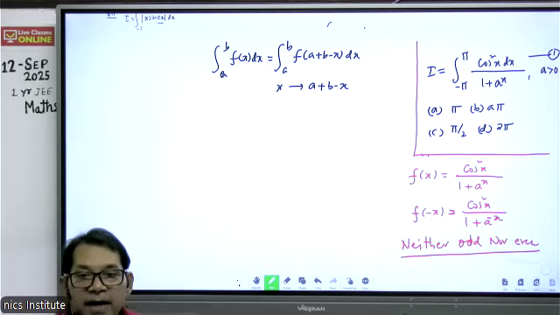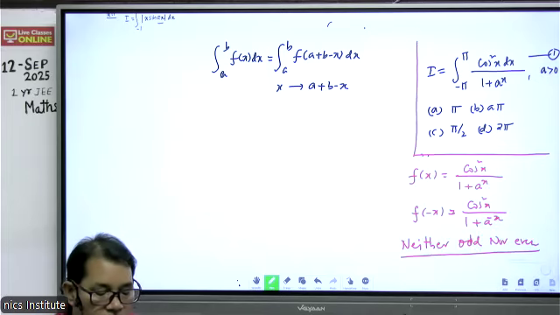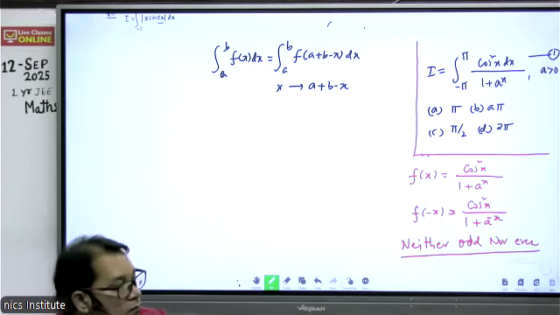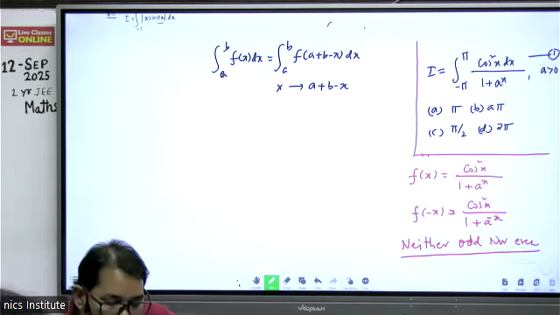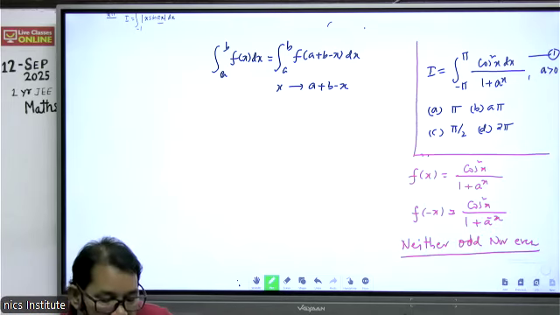After applying the property, add 1 with 2, equation 2. Integrate it.